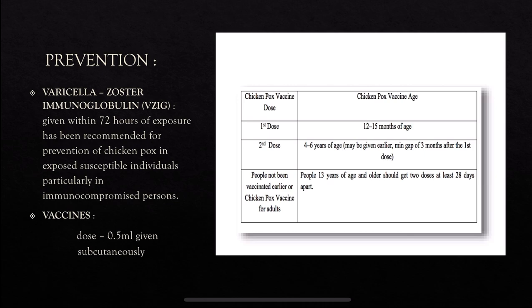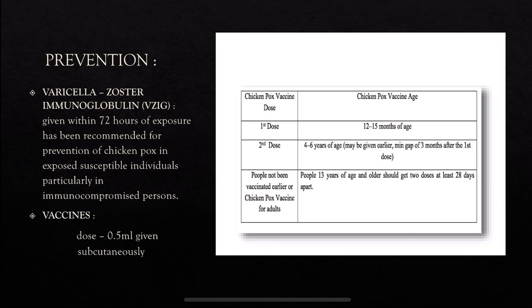The first dose is given from 12 to 15 months of age, and the second dose is usually given from 4 to 6 years of age, or it can also be given earlier. A minimum gap of 3 months has to be given between the first and the second dose. People not vaccinated earlier: a chickenpox vaccine for adults is also available.